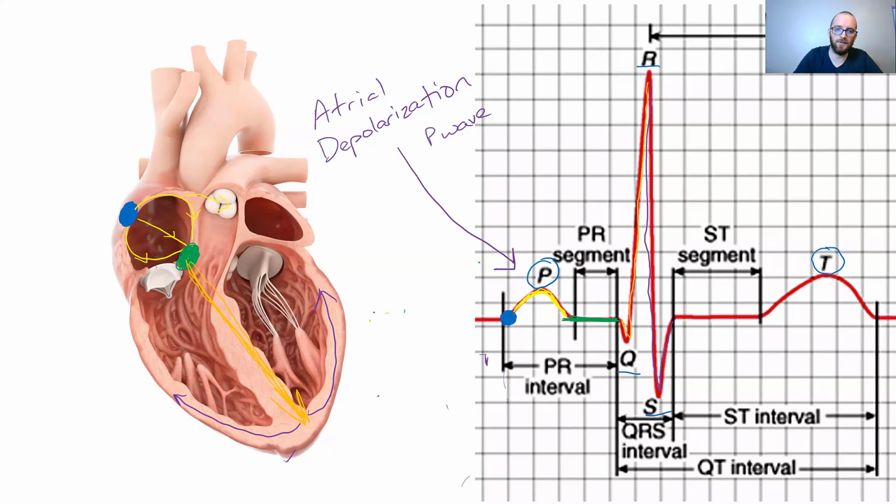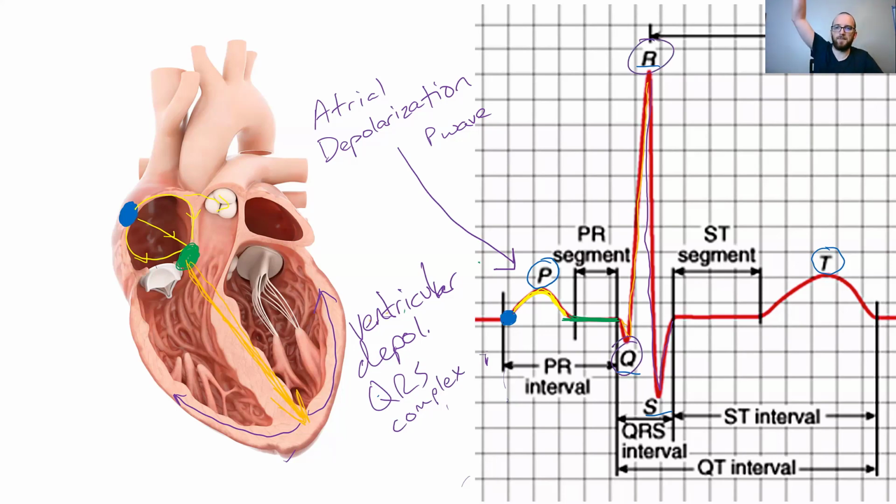Travels down and then back up the ventricles. And we call that ventricular depolarization. And that's that QRS complex, which is actually the Q wave. The R wave is the big up spike of the spike. And then the S wave is the down spike of the spike. So it's a QRS complex.